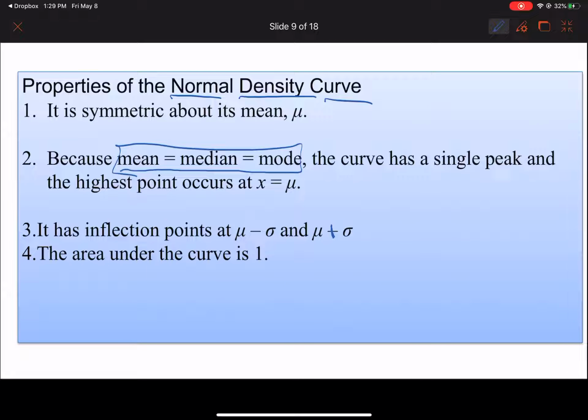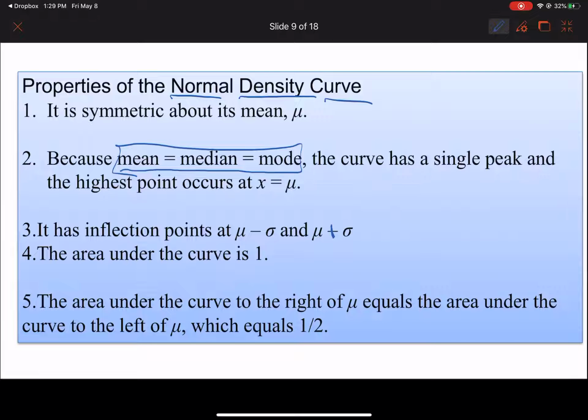The area under the curve is 1. So when I add all of the values together, or all of the probabilities of each value occurring together, it's going to equal 1. This is the same thing with our probability distribution tables. When we had those tables, everything had to add to 1, it's the same thing. The area under the curve to the right of mu equals the area under the curve to the left of mu, which equals 1/2.